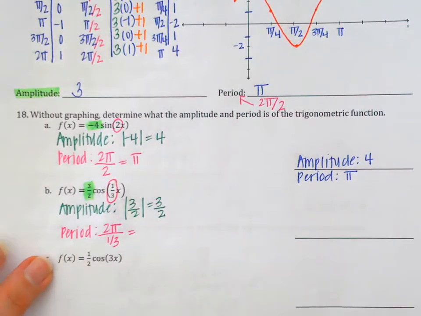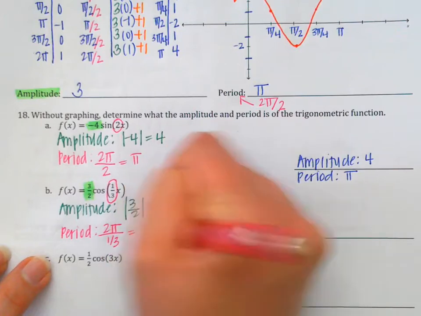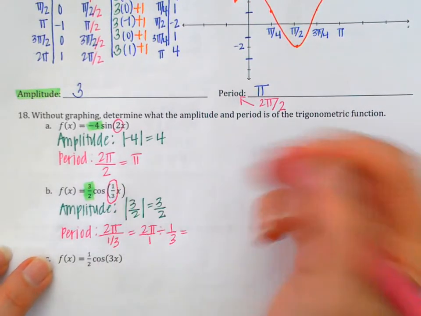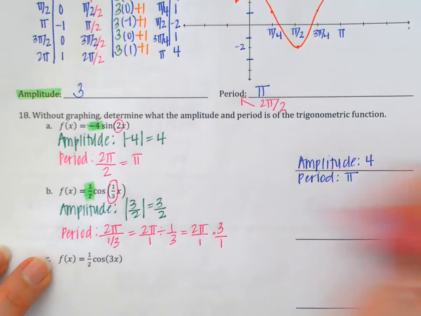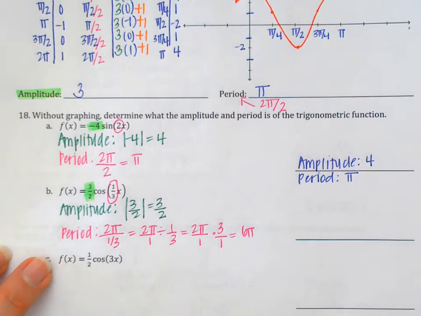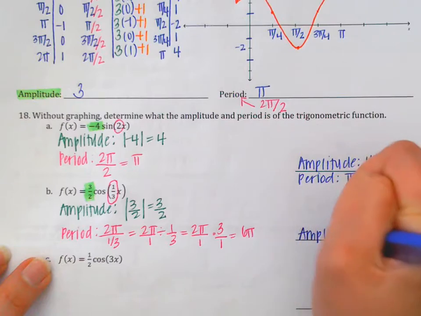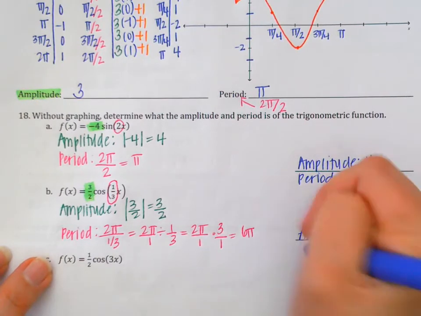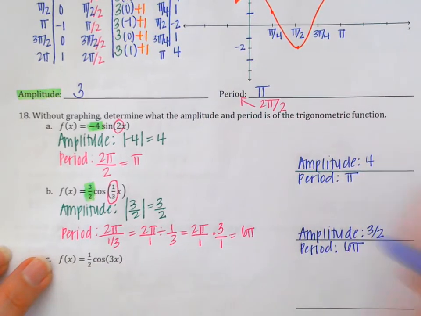If we want to show that, that would be 2 pi divided by 1/3. If we put a 1, that would be 2 pi over 1 times 3/1, which would get me 6 pi. So my amplitude here is 3/2, and my period here is 6 pi.